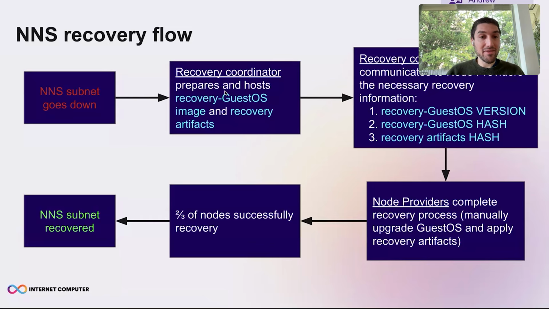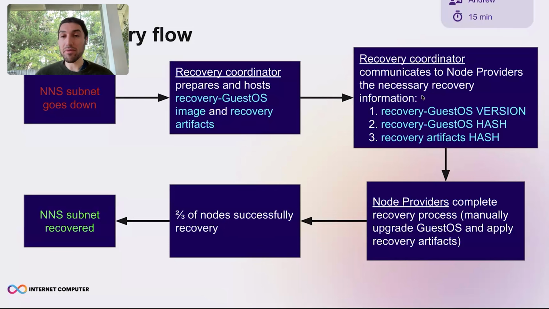So yeah, they prepare the recovery guest OS image and the recovery artifacts. I'll talk about what exactly the recovery guest OS image is in a moment, and Carigo just talked about what the recovery artifact is and how that is acquired. That's primarily the catch-up packet. So then what happens? The recovery coordinator communicates to node providers the necessary recovery information, the recovery guest OS version hash, and the recovery artifact hash.